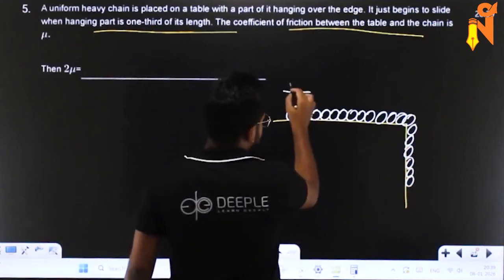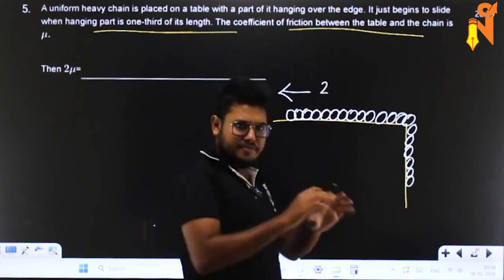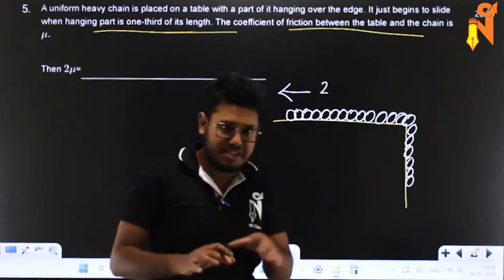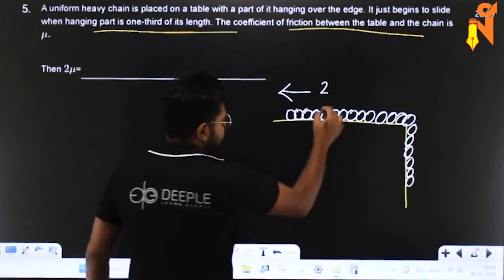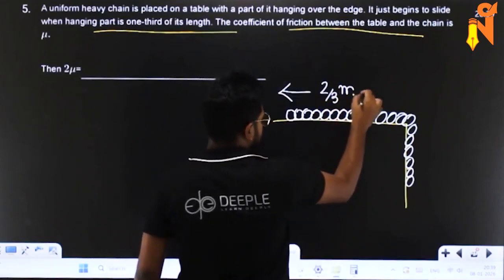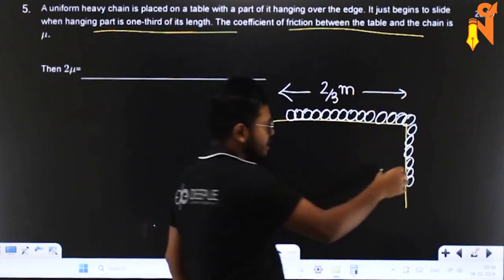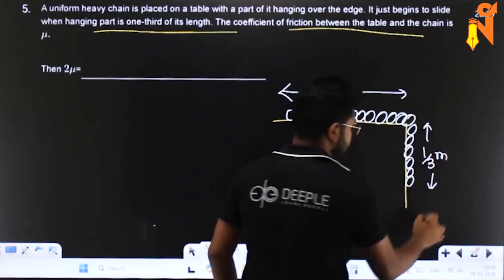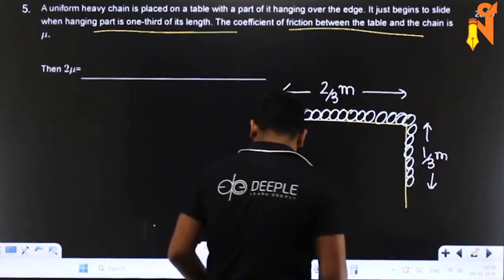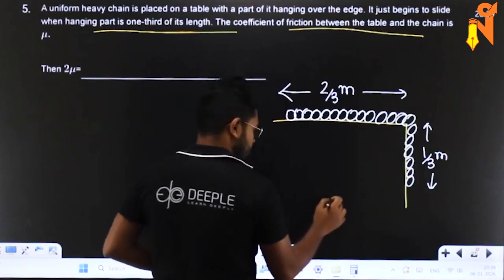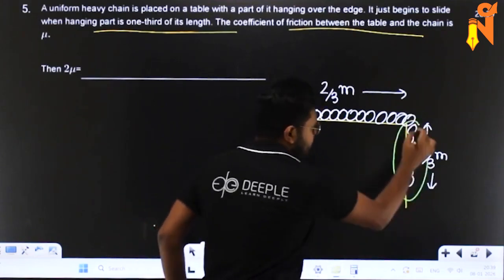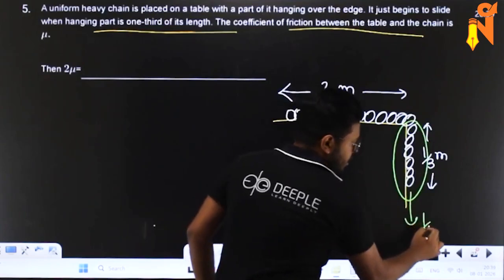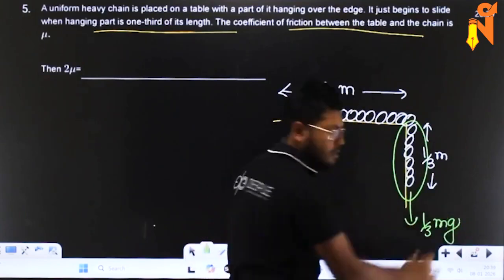If I assume the mass distribution is homogeneous, I can say the mass of this part is 2/3 of m and the mass of the hanging part is 1/3 of m. Now this hanging part is pulling the other stuff down with how much force? 1/3 mg. Do you all agree with me?